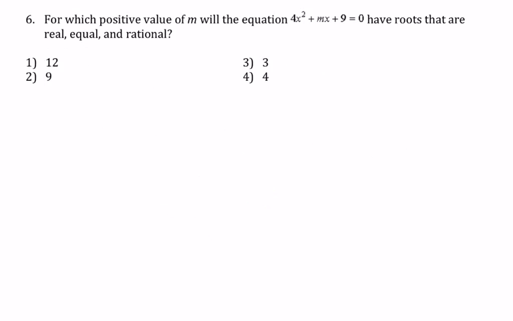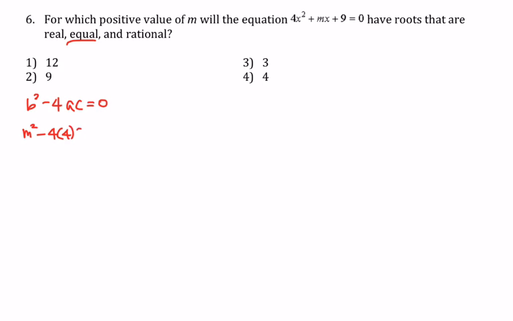Alright, let's move on. Number 7. Once again, I'm looking for m, but the roots have to be equal. What does that mean? If roots are equal, that means the value of the discriminant has to be equal to 0 as well. So b squared minus 4ac has to be equal to 0. And b is equal to m, so we get m squared minus 4.